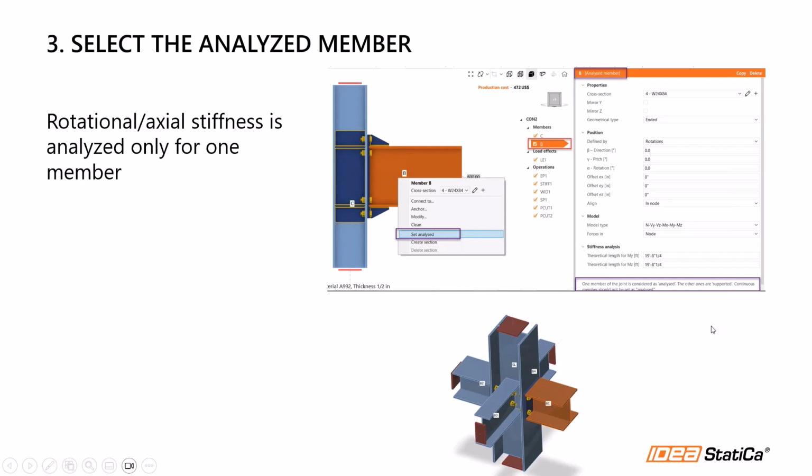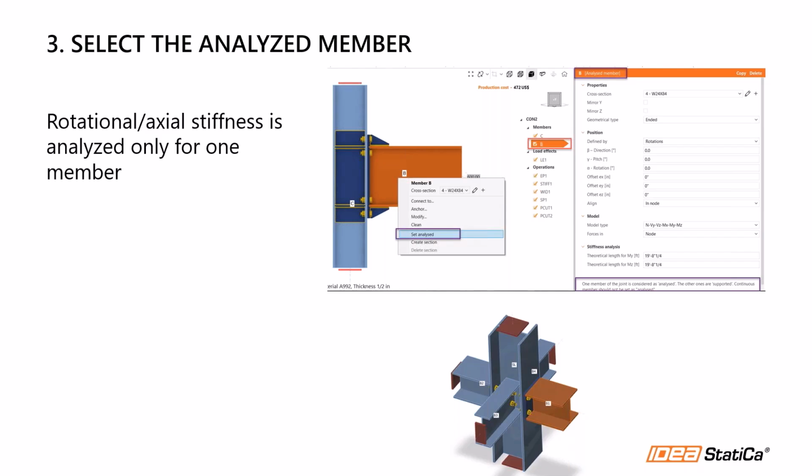Now, once you change that, it's important to select the analyzed member. Why? Because when we run the stiffness analysis, we only assess one member, right? When you have, like, two members here, like the column and the beam, of course, you want to assess the stiffness from this member to the column. So you can right-click over here and set that as the analyzed member, right? Because this is a long analysis.